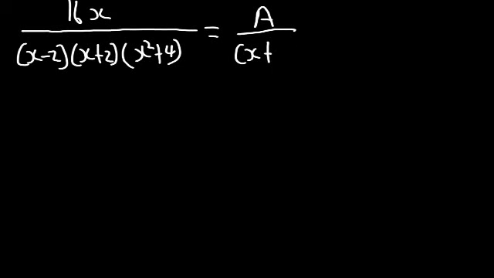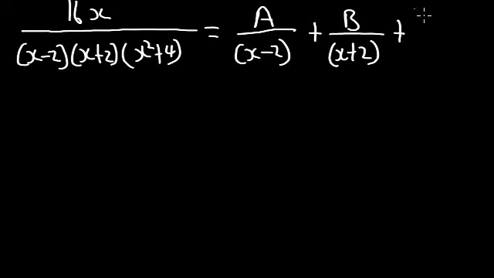So the first term is A over x minus 2, plus B divided by x plus 2, then plus cx plus d divided by x squared plus 4. So this is how to write all these constant terms for this complex fraction. I hope you got that. It is only for the term with the quadratic factor that we have two different constants, one associated with x and the other standing alone. Be very careful and sensitive.